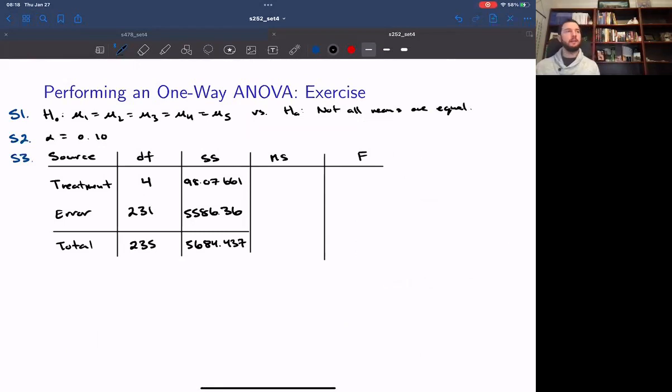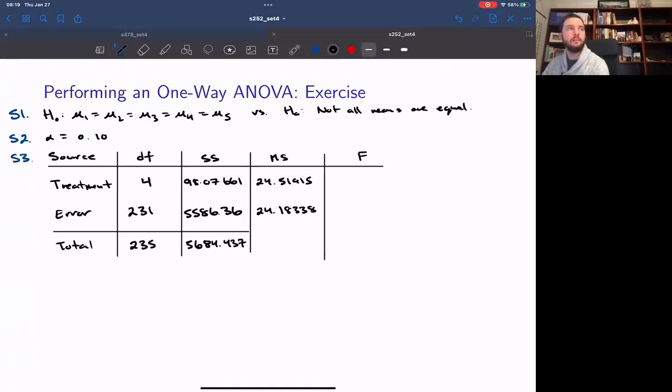Okay, now we can divide each of the sum of squares by their degrees of freedom to get the mean squared treatment and the mean squared error. So the mean squared treatment is going to be 98.07661 divided by 4, which is 24.51915. And the sum of square error is going to be 5,586.36 divided by 231, which is 24.18338.